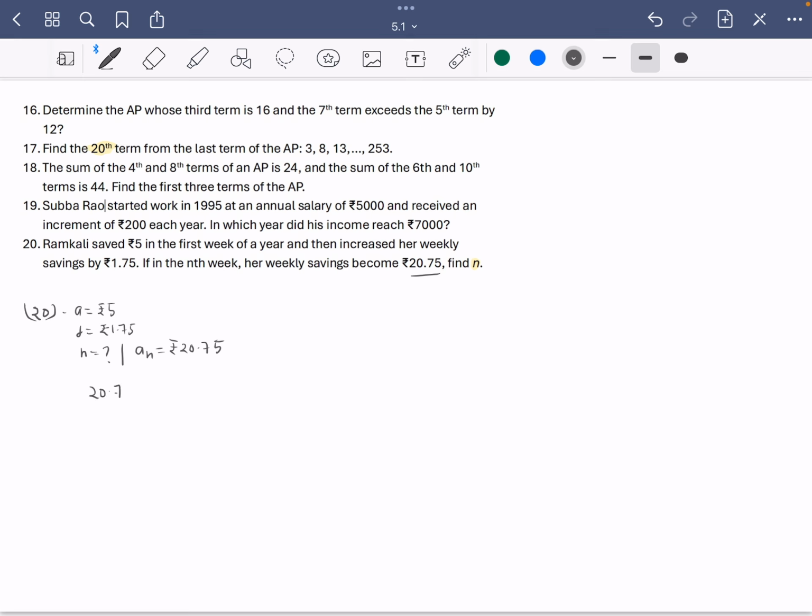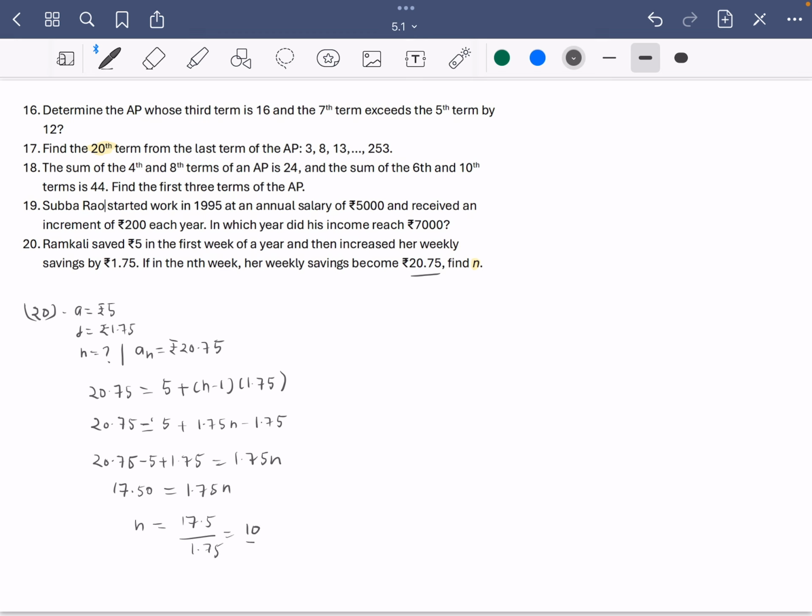So this is going to be 20.75 equals 5 plus n minus 1 times 1.75. 20.75 is going to be 5 plus 1.75n minus 1.75. 20.75 minus 5 plus 1.75 is going to be 1.75n. 20.75 minus 5 is 15.75 plus 1.75 is 17.5. So 1.75n is 17.5, and n is 17.5 over 1.75.